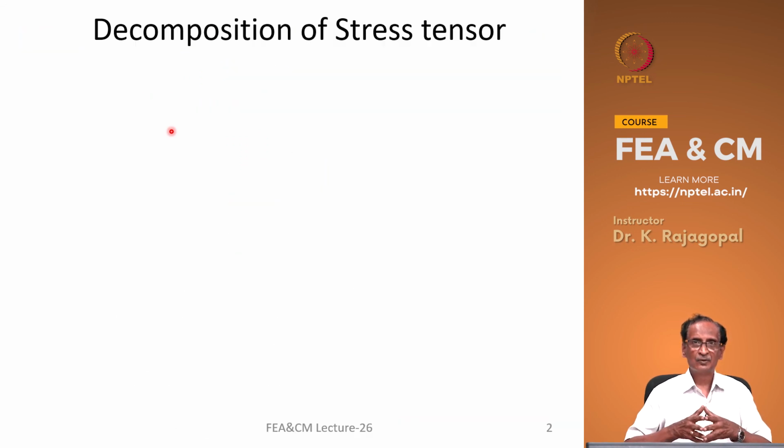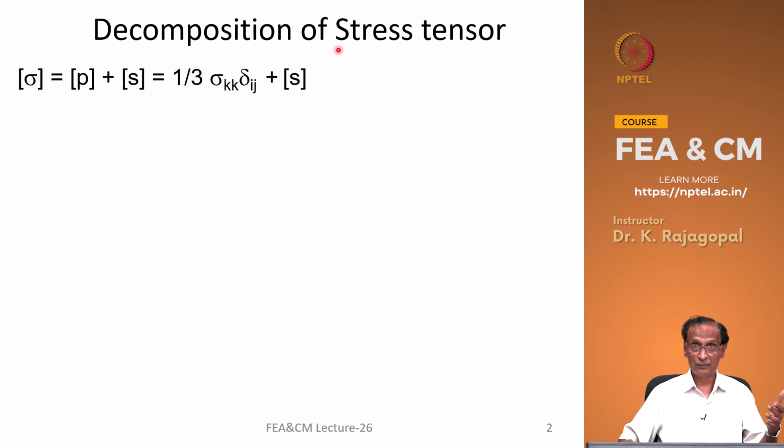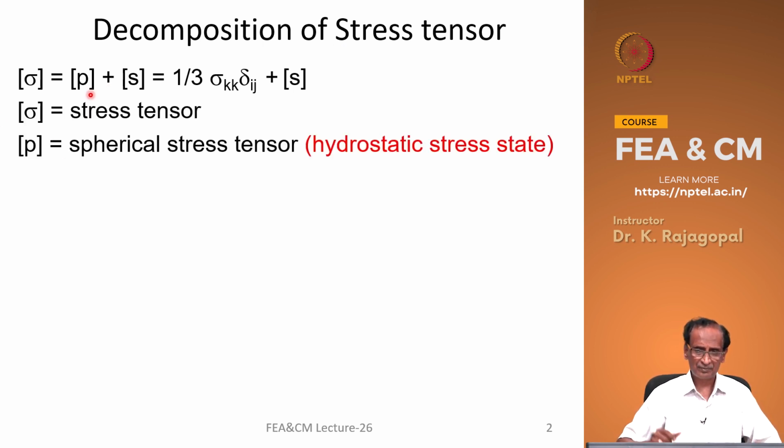And the basis for this is our decomposition of the stress tensor. In one of our previous classes, we had seen that the total stress tensor can be decomposed into a spherical stress tensor P, and then the deviatoric stress tensor S. The P is our hydrostatic pressure state that does not cause any failure because it is compression from all the directions, and the soil is extremely strong in compression.